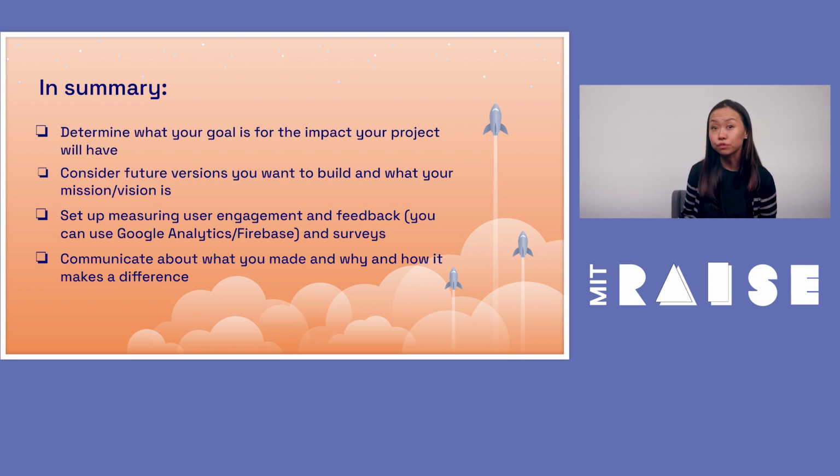You want to consider future versions you want to build and what that mission or vision is for your future versions of the project. And you can set up tools to measure user engagement, including user research surveys again, or the tools that I mentioned earlier that you can implement to get some more detailed tracking information. And of course, we talked about communicating about what your project is and why and how what you make makes a difference.